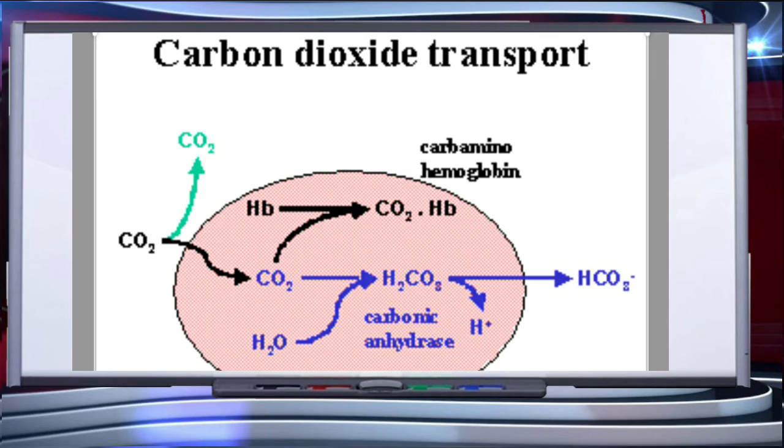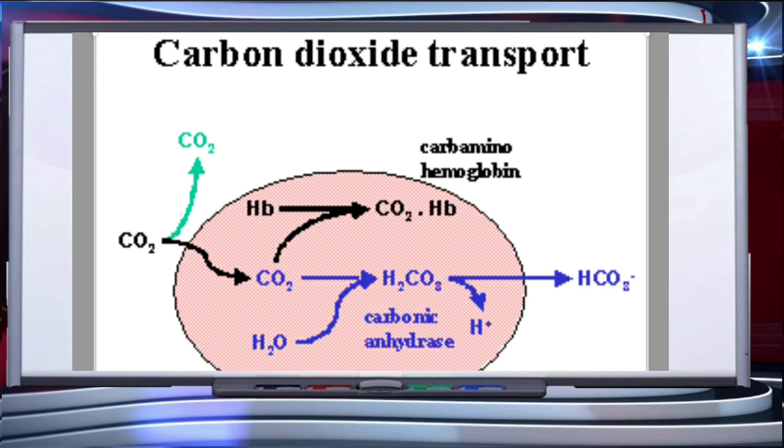At the tissue site, where partial pressure of carbon dioxide is high due to catabolism, carbon dioxide diffuses into blood and forms bicarbonate ion and hydrogen ion. At the alveolar site, where partial pressure of carbon dioxide is low, the reaction proceeds in the opposite direction, leading to the formation of carbon dioxide and water.